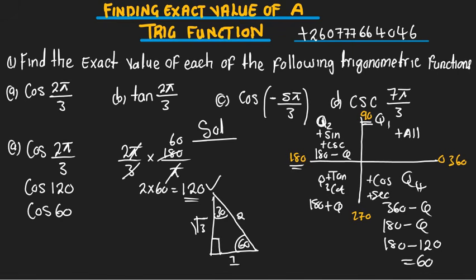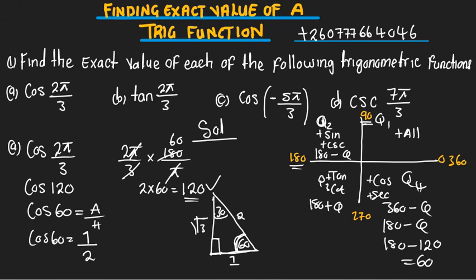Now you find cosine of 60. You know that cosine is simply adjacent over hypotenuse. So cosine 60 is equal to, what is the adjacent? If we are taking this angle here, 60, the adjacent is simply 1 and the hypotenuse is simply 2.